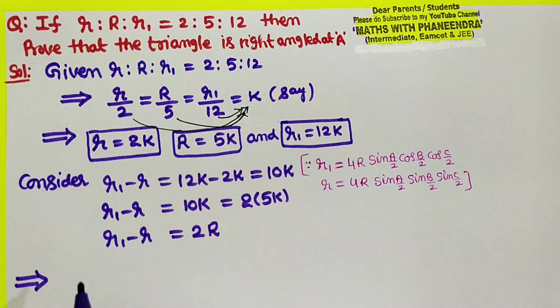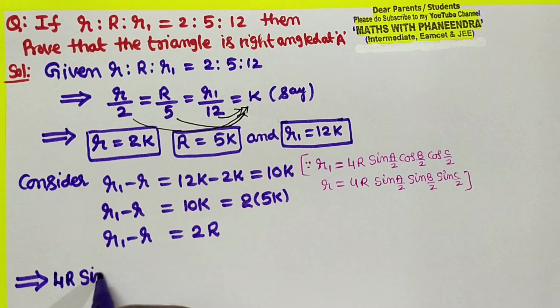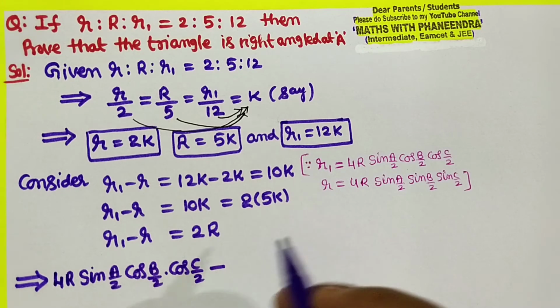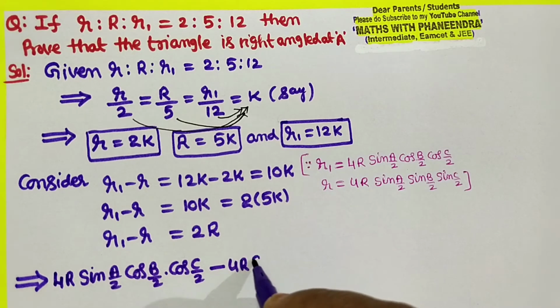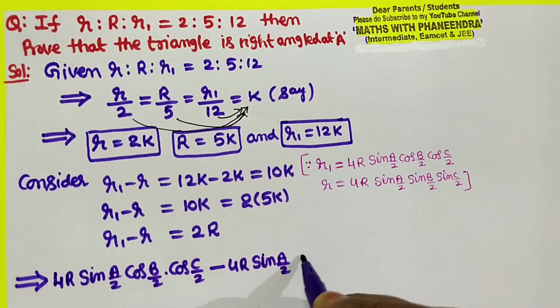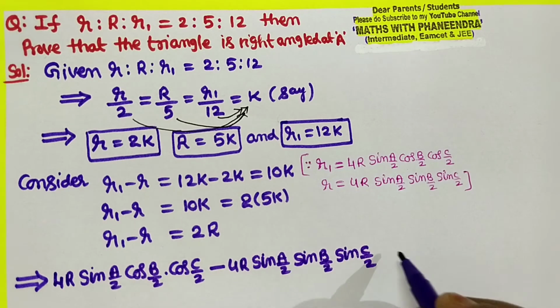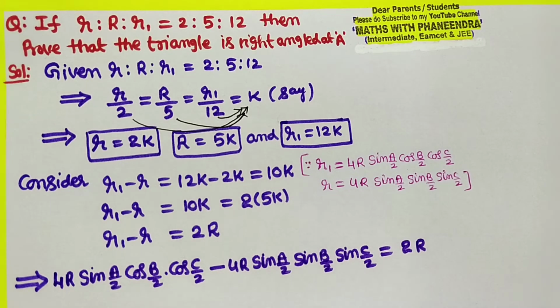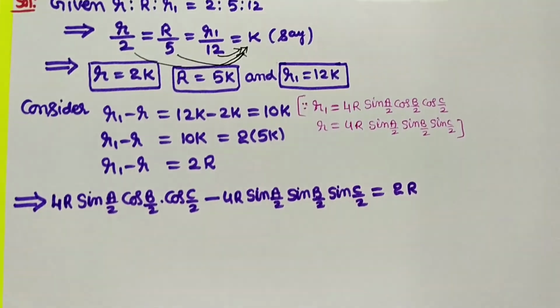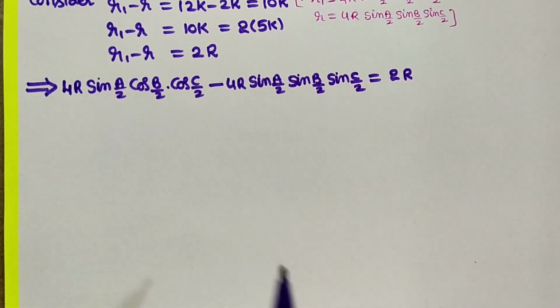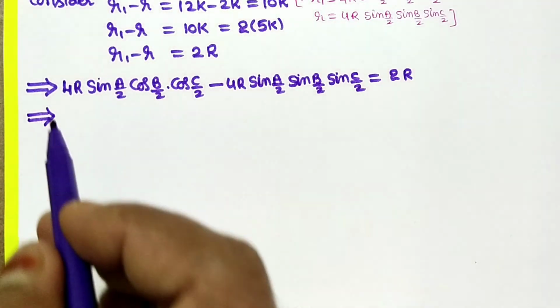After that, substitute these values here: 4R sin A by 2, cos B by 2, cos C by 2, minus small r, 4R into sin A by 2, sin B by 2, sin C by 2, is equal to 2 into capital R. After reaching this step, what will we take common from these two?